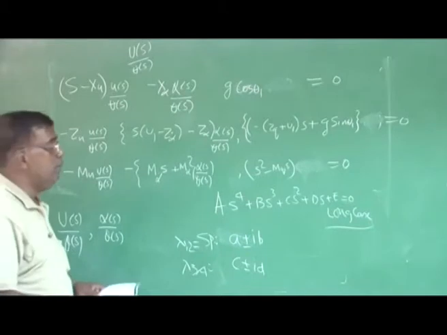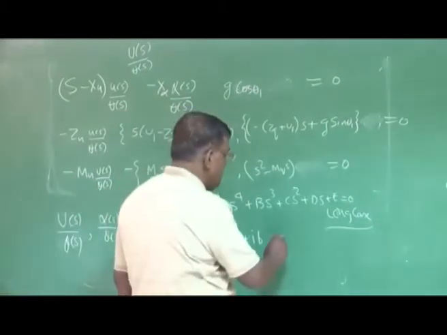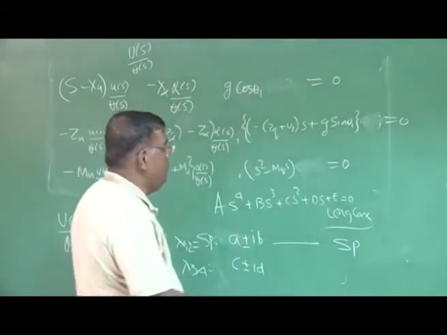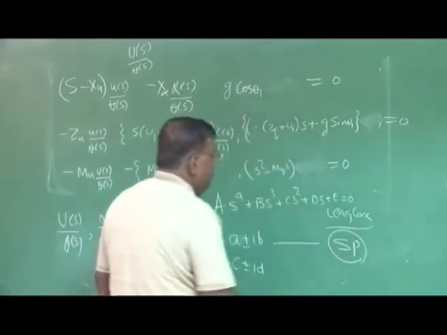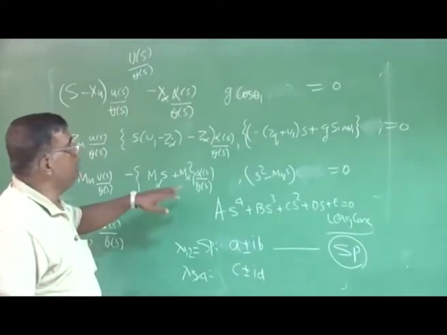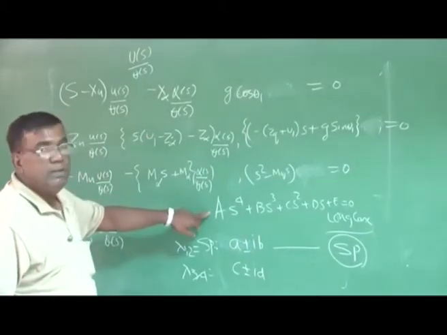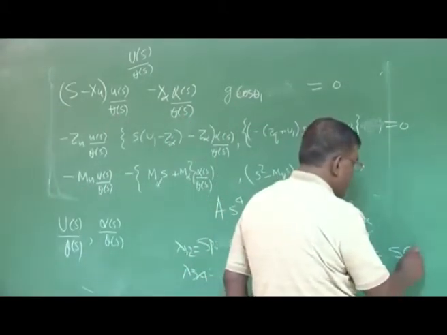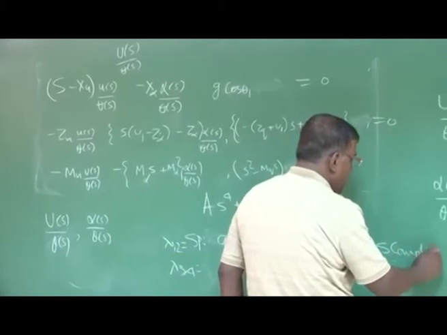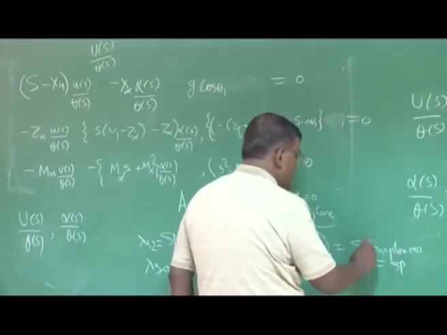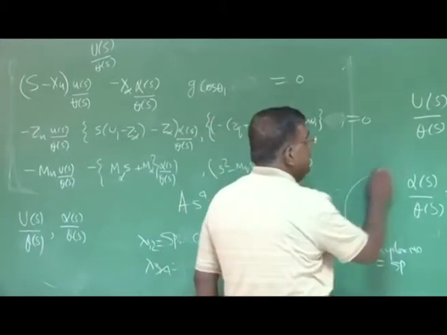Now, if you want to see the mode shape corresponding to short period, then what do you have to do? You have to put the value of s, or lambda 1, lambda 2, which you have got from solving this equation, those values of s, which are complex numbers, corresponding to the short period root, whatever you have got, that you plug in here.